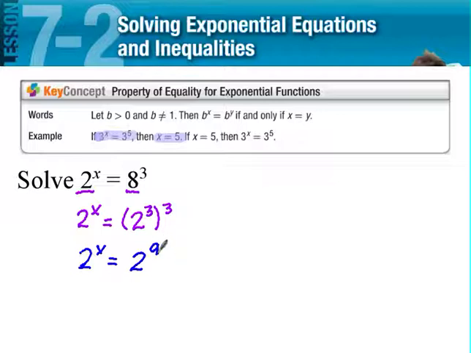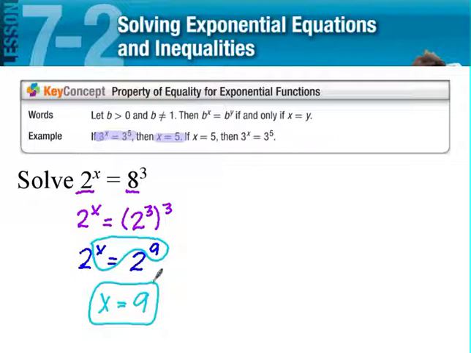If you remember, I said we had to have the same bases, and then we set the exponents equal. So you get rid of the 2's, and we know that x equals 9. So your whole goal: get the same bases, set the exponents equal. Same bases, set the exponents equal. Let's look at another one.